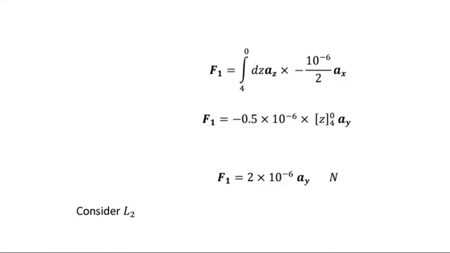The current is 1 ampere, dl is dz az, cross B, which is minus 10 raised to power minus 6 by y, where y along this side is 2, cross ax. The only variable on the right hand side of F1 is z, where z is changing from 4 to 0.